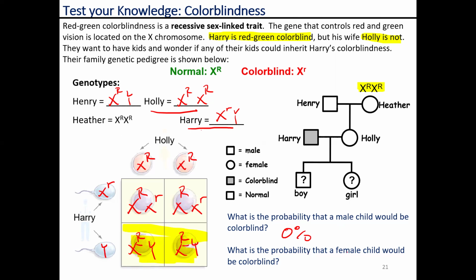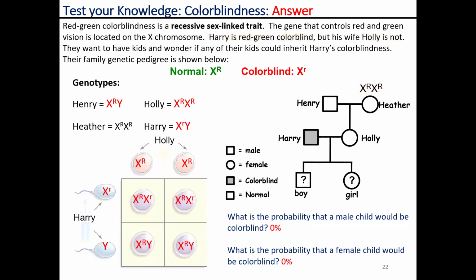And what's the probability of a female who would be colorblind? In this case, we have big R here and then little r, so it's going to be heterozygous. So it would be a 0% chance as well. If they were to have any kids, they would have a 0% chance of a male with color blindness and a 0% chance of a female with color blindness. But those females would be carriers. So this is what that would look like, all written out.